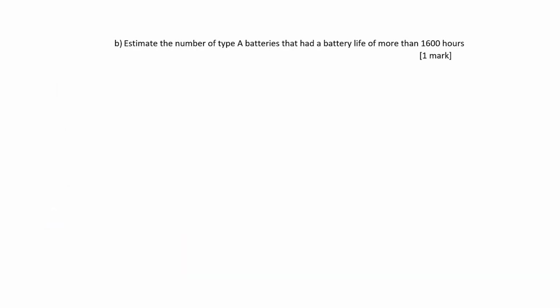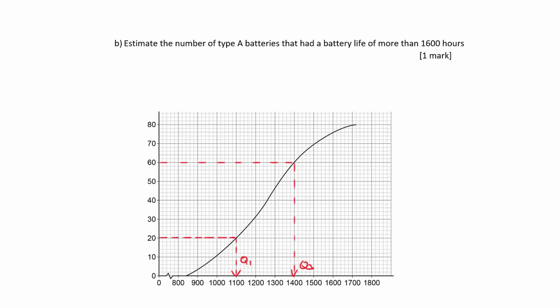Question 19b. Estimate the number of type A batteries that had a battery life of more than 1600 hours. Okay, let's go back and look at the graph. More than 1600 hours. Well, 1600 hours on my graph is here, look.